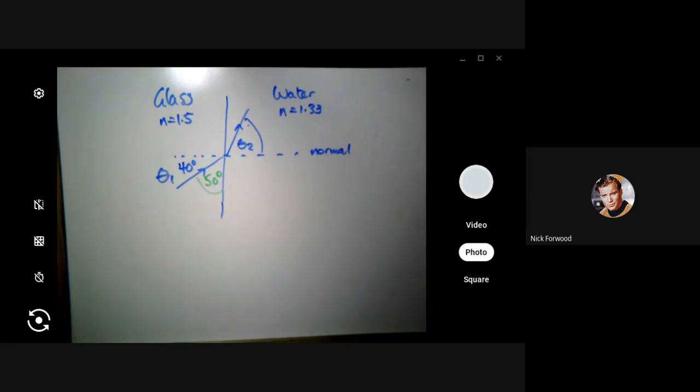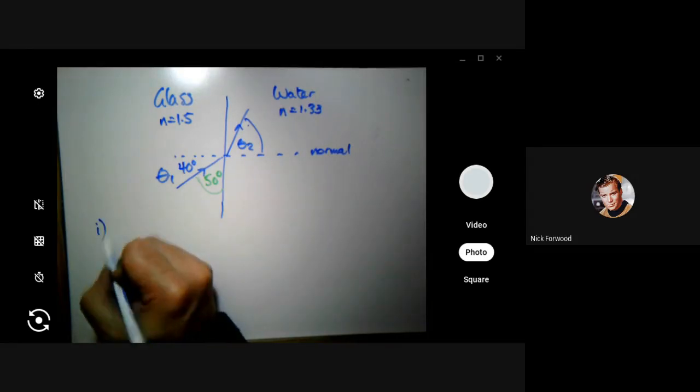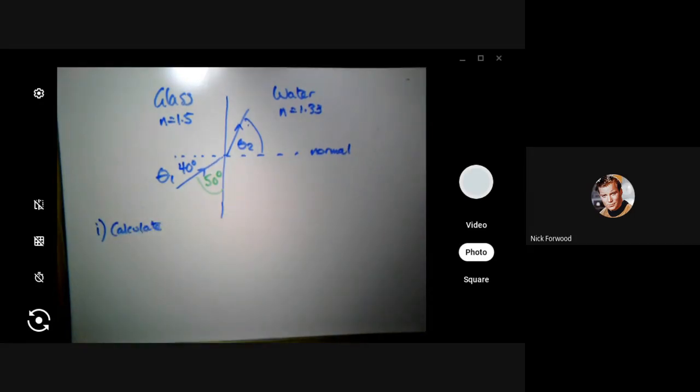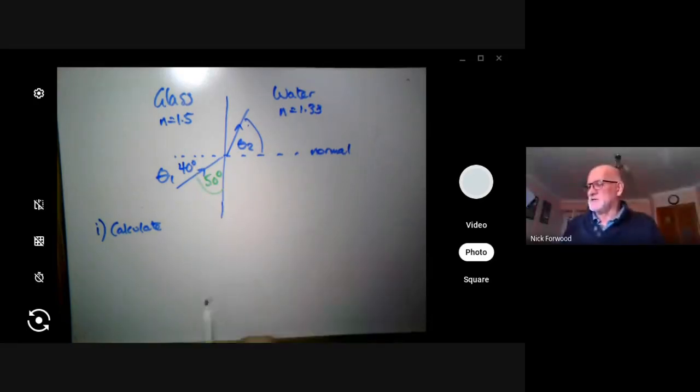Okay, so the first thing you want to do is calculate. It may not ask you explicitly to do this. You may just have to notice that that's the wrong angle and use it in sine theta 1 over sine theta 2 is n.